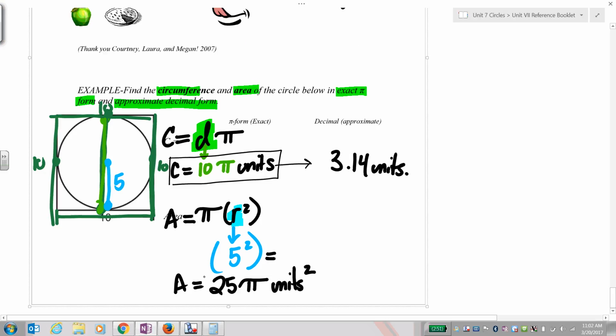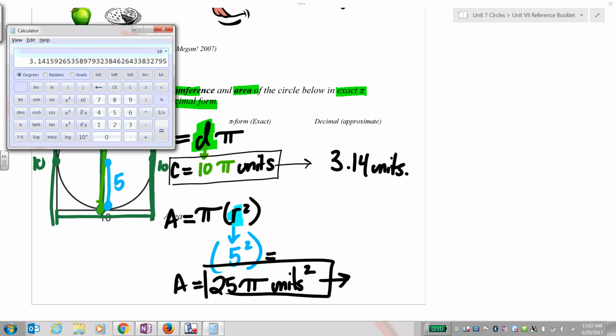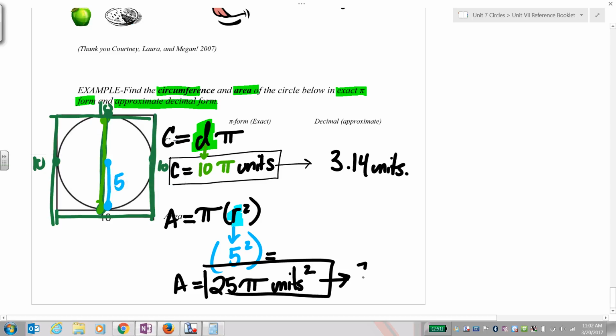So there is our area. And to get it to the decimal version, 25 times pi is 78.54. And that's going to be units squared.